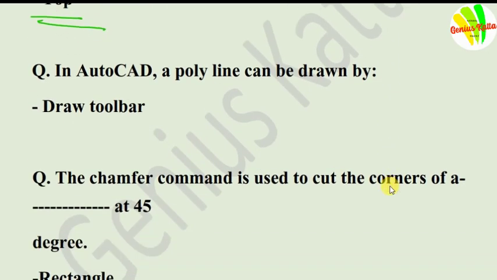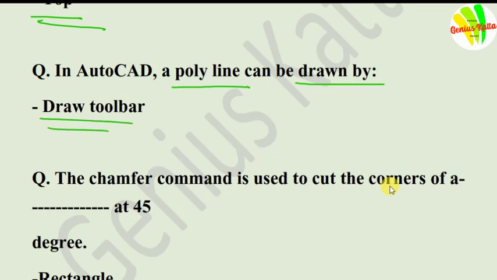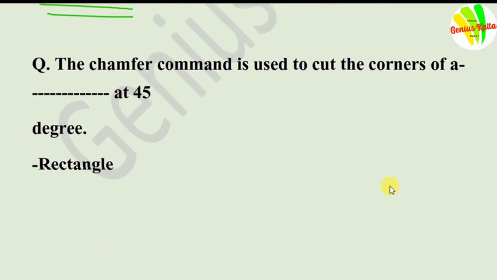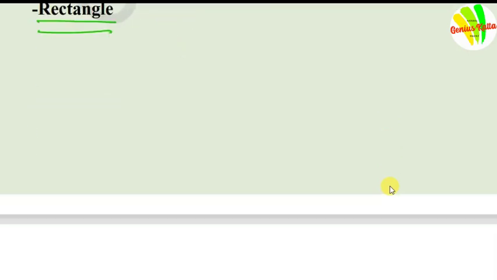In AutoCAD, a polyline can be drawn by the draw toolbar. The chamfer command is used to cut the corners of a dash at 45 degrees. Answer is rectangle.